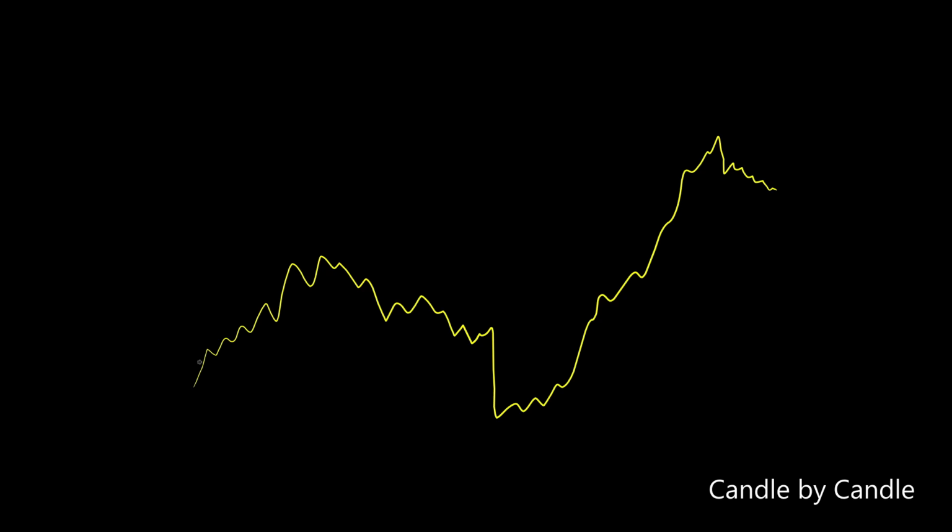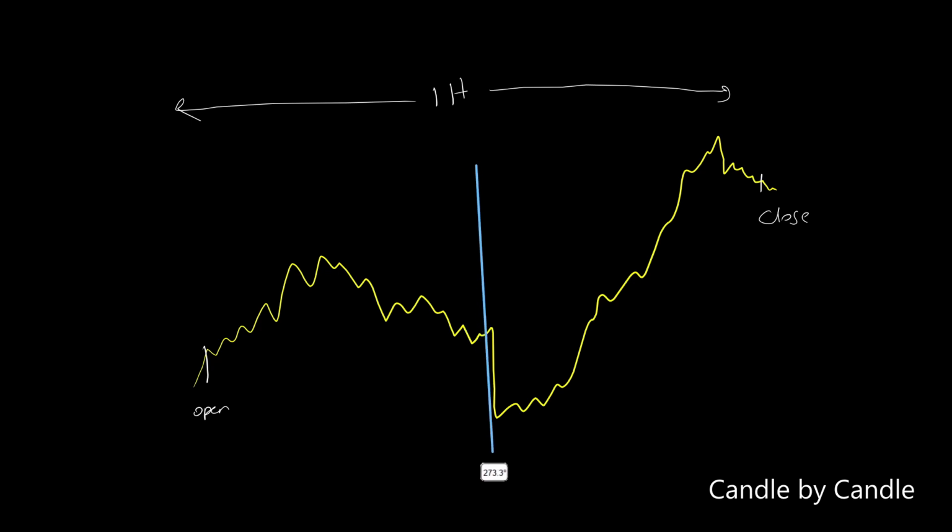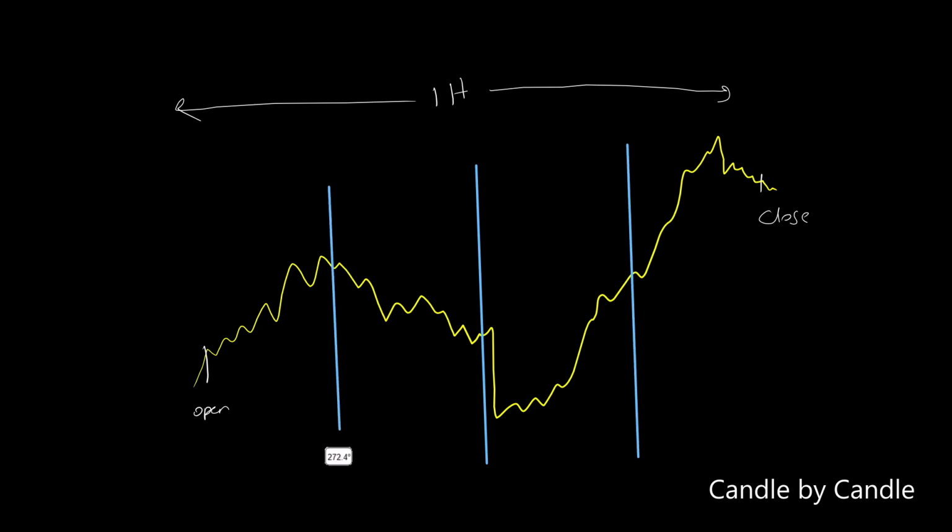Alright, so now again I'll draw a chart. Here is the open and here is the close, and this is 1 hour. Let's say we need to change this into 15-minute candles. So what happens is this same thing changes into 4 sections, each being 15 minutes.